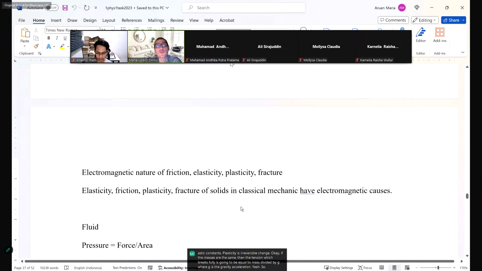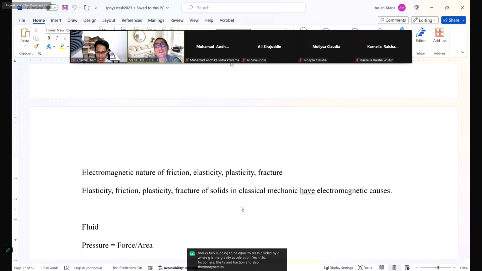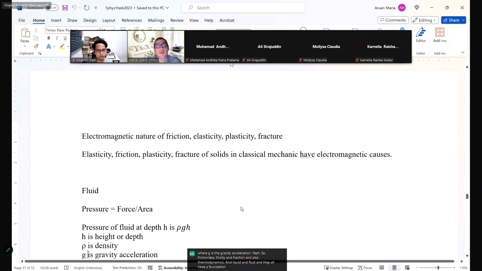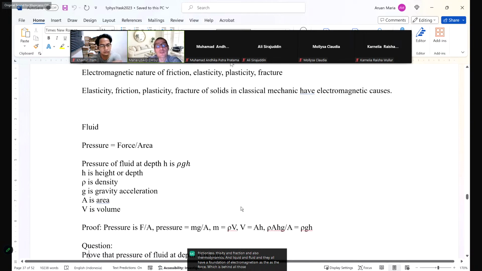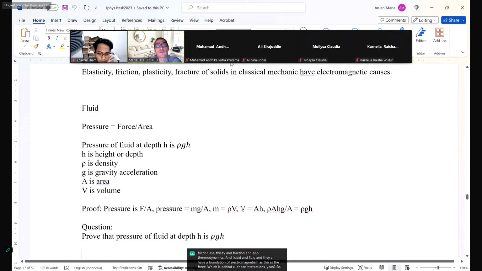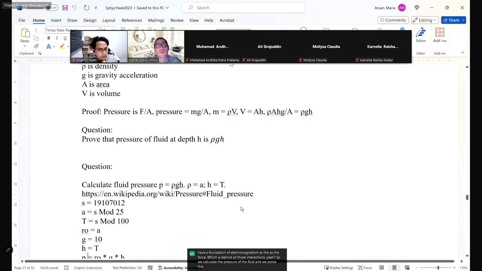So friction, elasticity, plasticity, and fracture, and also thermodynamics, and liquids and fluids, they all have a foundation in electromagnetism as the force which is behind all those interactions. So we calculate the pressure of the fluid and we prove this equation.